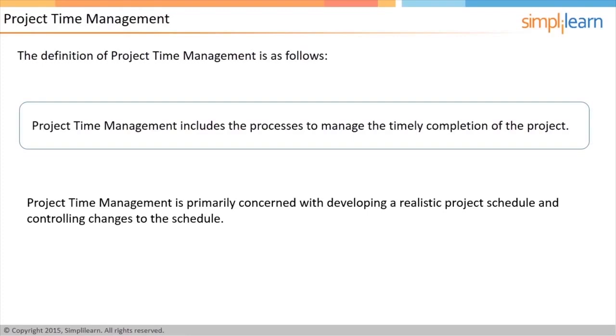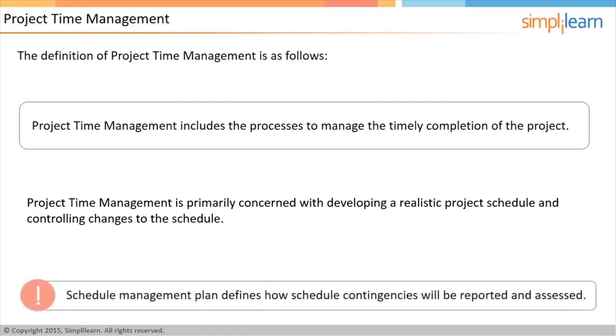Another term used in the PMP examination is Schedule Management Plan. Schedule Management Plan is part of the Project Management Plan and has information on the planned project schedule and its management and control.